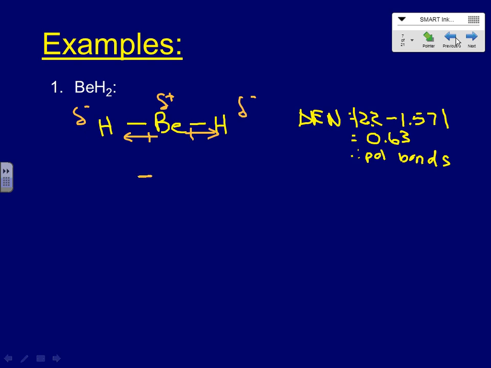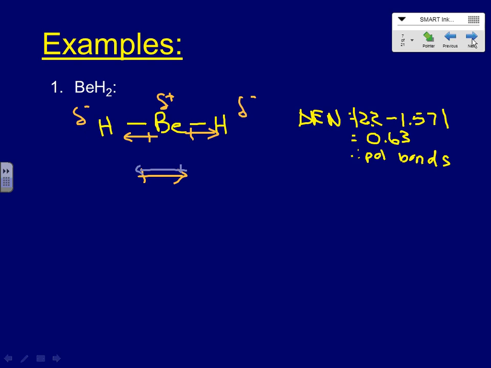If I were to take this dipole vector and then, adding tip to tail, add the other dipole vector, because they're the same length, they're going to add to 0, and therefore we have no overall dipole moment because the two vectors add to a total of 0. Nonpolar molecule. Okay? All right? If you're not understanding that vector thing, because they're in opposite directions and they're the same size, they cancel out.